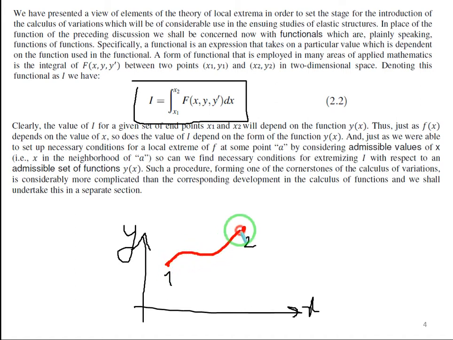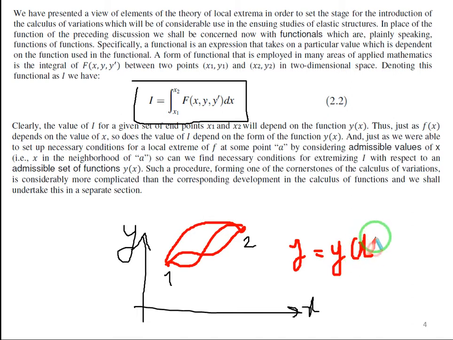There are many different curves from point 1 to point 2. We are going to find the unknown curve y equals y of x in order to maximize or minimize the value of the functional. This is our problem in the variational approach.